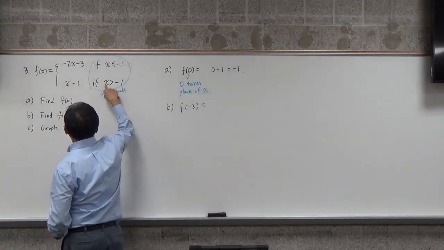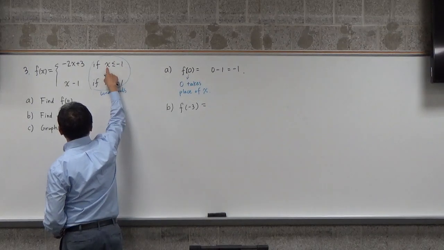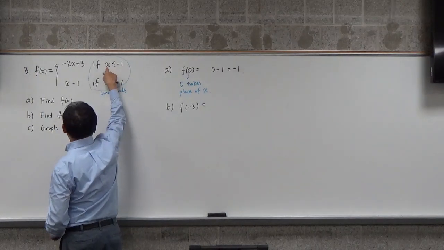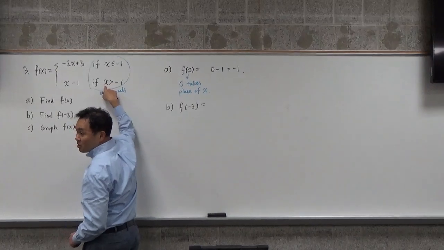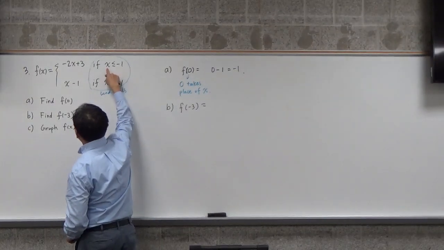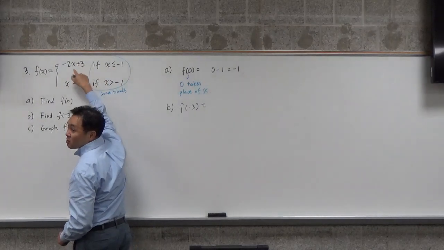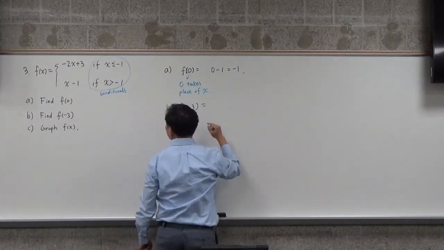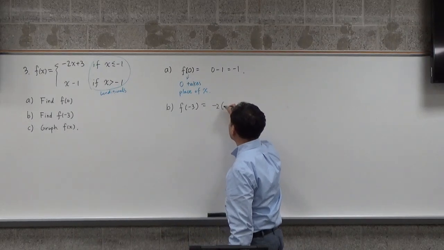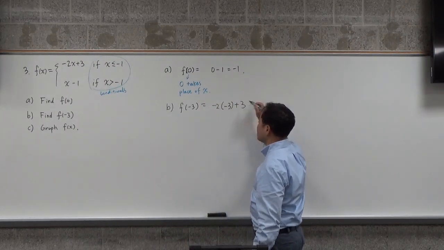Okay. But then let's look at this one. Is negative 3 less than negative 1? Yes. Is negative 3 bigger than negative 1? No. So it's this one that's true. Therefore, which formula should we evaluate? The top one, okay? So we're going to be putting negative 2 times negative 3 plus 3.